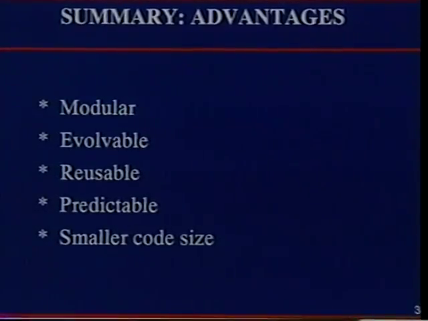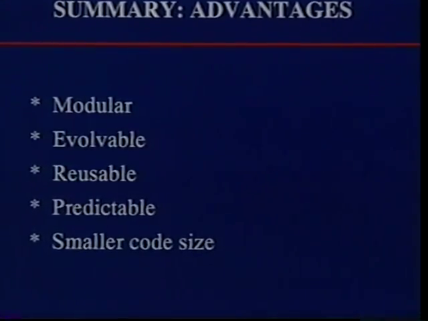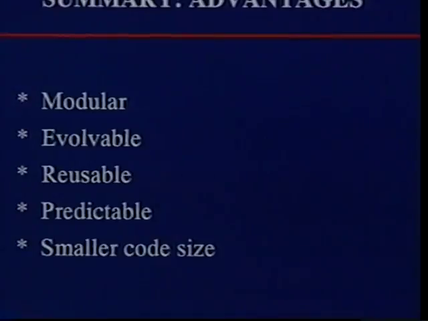Evolvable: as new features are wanted, we can add these features into the object model very easily. Reusable: remember the sensor class object that we talked about, that class object can be reused in a number of situations. So these objects are reusable.